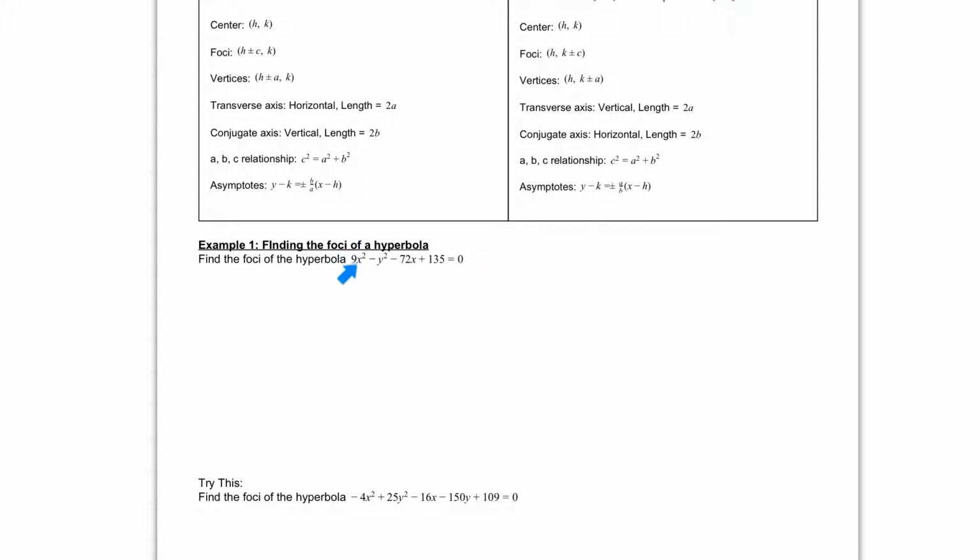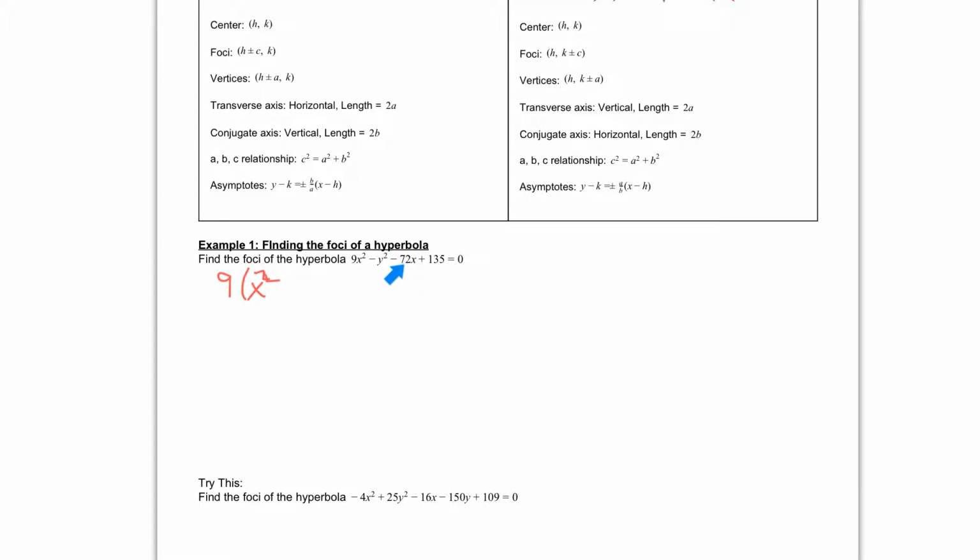As I group together my x's, I'm going to factor out the coefficient of my x squared so that I can complete that square. So I'm going to get 9 times x squared. And then again, I'm grouping that with my 72x over here. So I'm going to take the 9 out of that 72 by dividing.